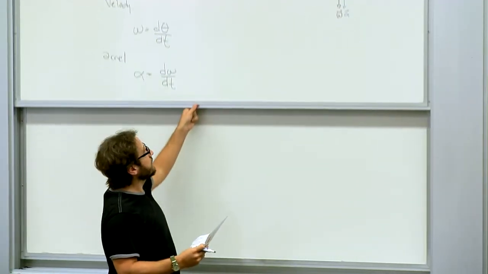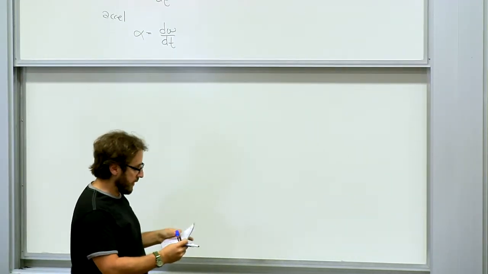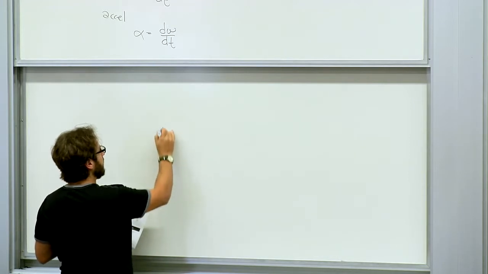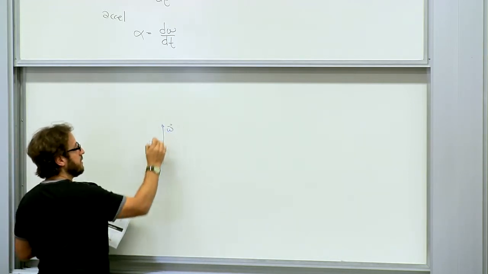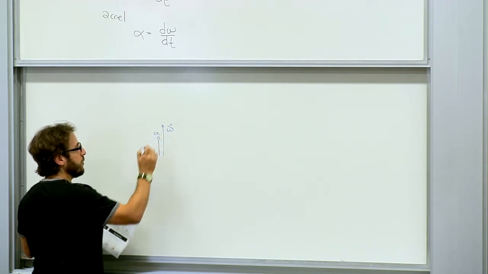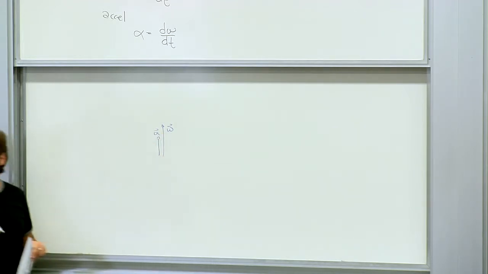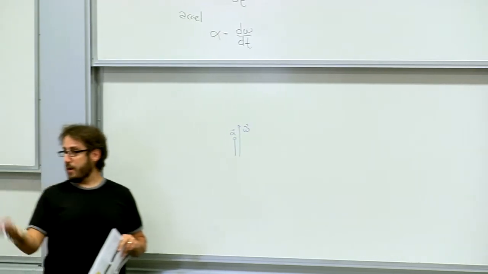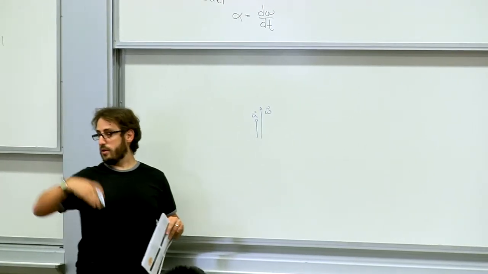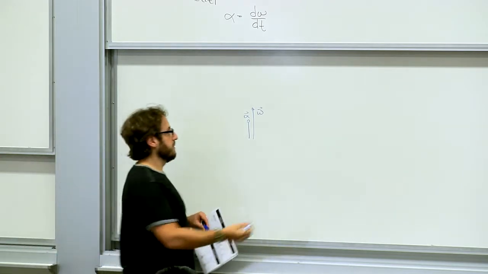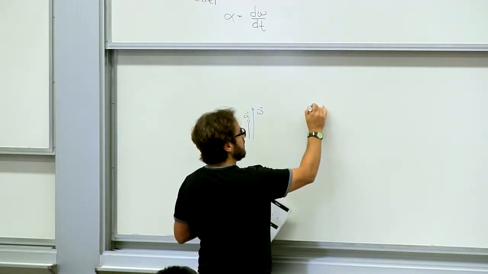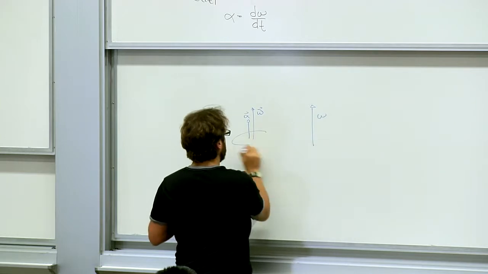Okay, and you can think about these vectors the same way you think about normal vectors, right? If you have omega pointing up and you have alpha pointing up, then you have positive velocity and positive acceleration, right? So you have positive velocity and the rate of velocity is increasing. Okay, all right, here's your spinning.